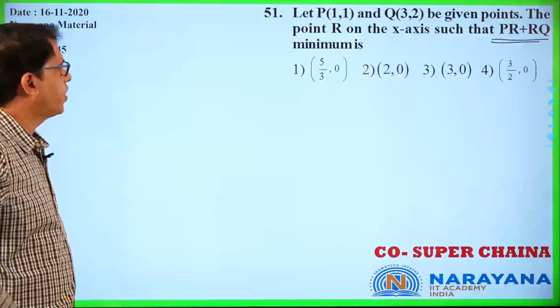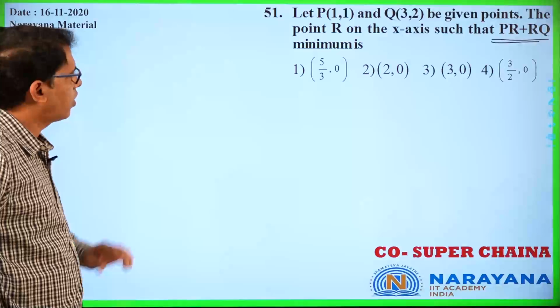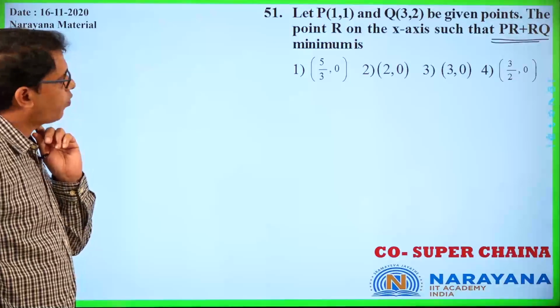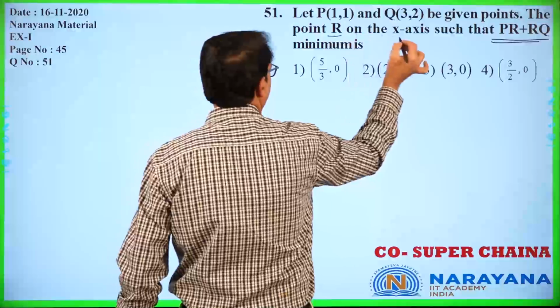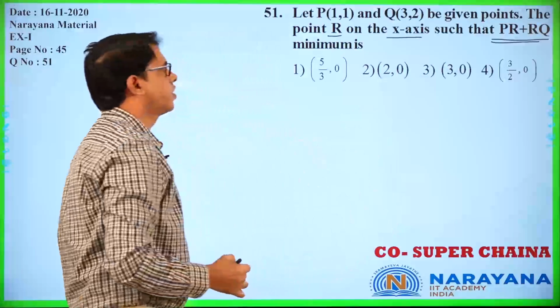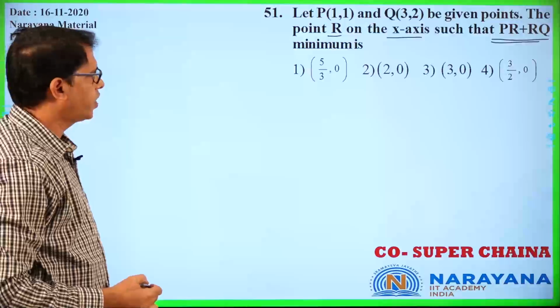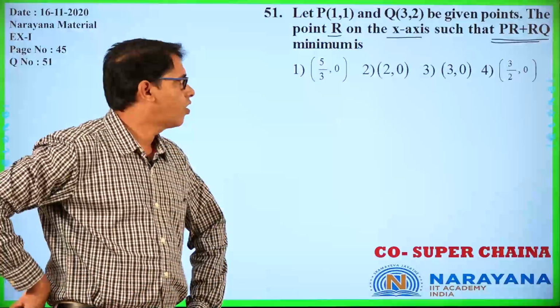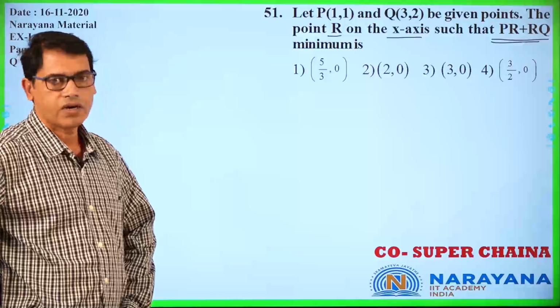See here, P(1, 1) and Q(3, 2) are the given points. Then we have to find the point R on the x-axis such that PR plus RQ is minimum.